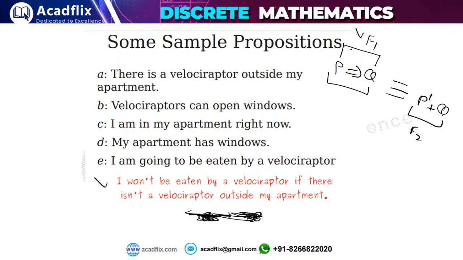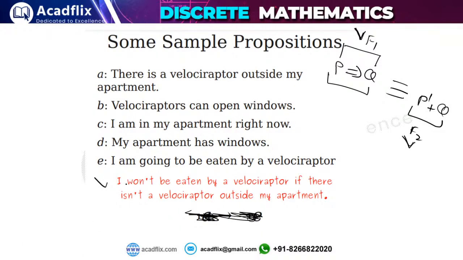So this formula F1 is equivalent to formula F2. So let's assume your answer is F1 and your friend's answer is F2, then remember both your answers are correct. Sometimes you can get different propositional logic formulas, but they can be equivalent. If they are equivalent, then that is the correct answer. So let me answer this question.